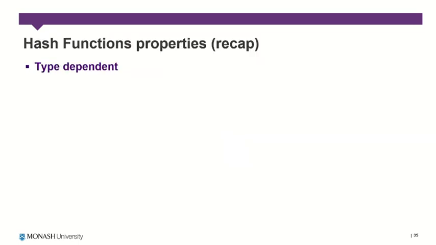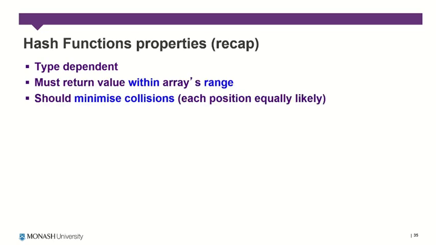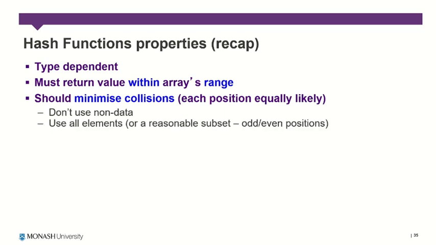So in summary, our hash function is type dependent, must be within the array's range, should minimize collisions, and each position should be equally likely. Don't use non-data, so we keep it quick by using related data. Use all elements, or a reasonable subset if it's too large, and use the position of each element so we don't have issues with order.